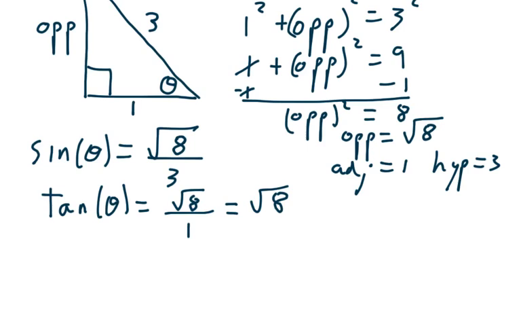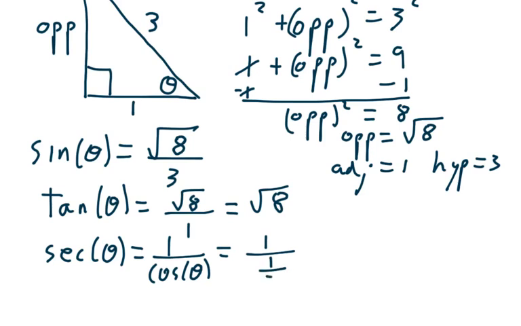Okay, so we have these two. Secant of theta is 1 over cosine of theta. Cosine is 1 over 3, but again, 1 over a fraction means you flip it. So we have 3 over 1, which is the same thing as 3.